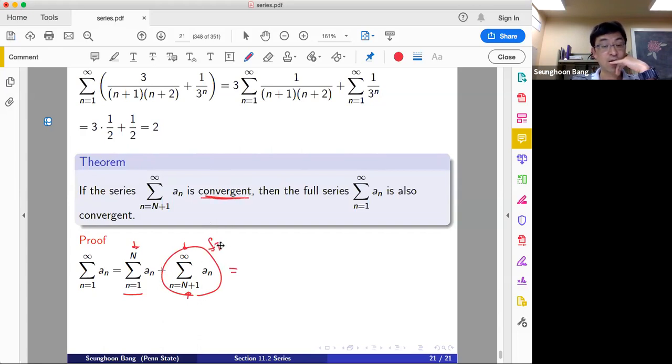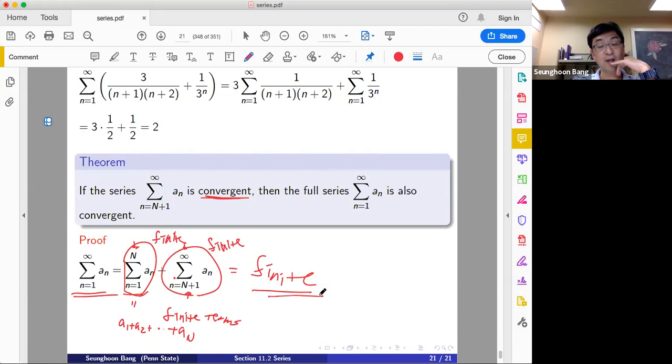The first part is a finite sum, only adding a finite number of terms: A1 plus A2, keep going, plus just AN. A finite sum of finite terms is finite. And finite plus finite is finite. So the series is also convergent. That's it.